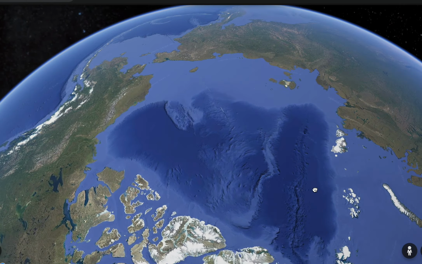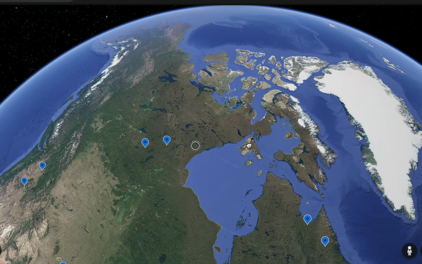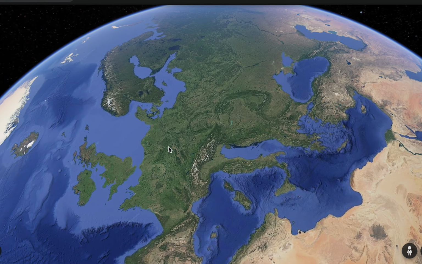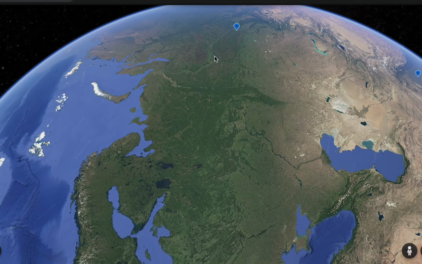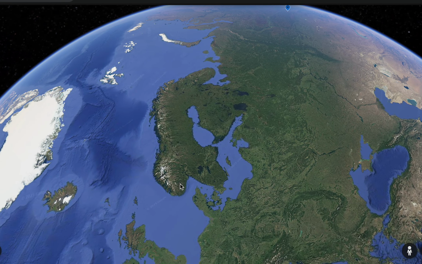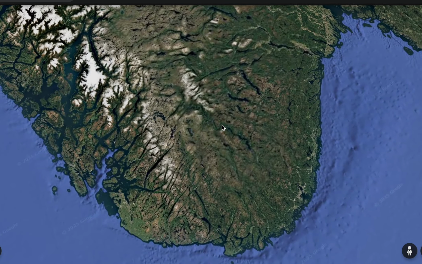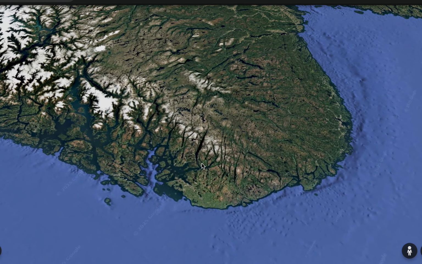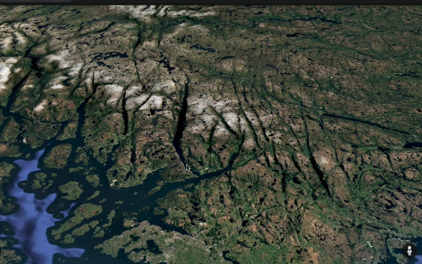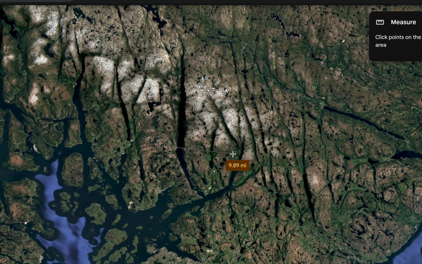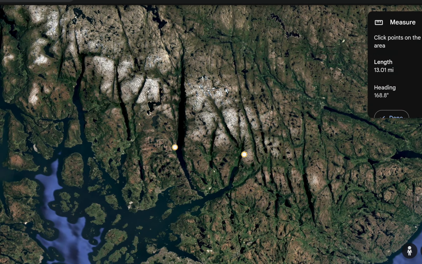Now let's look. I'm running low on pins here. Oh, I know where we can go and find one no sweat. If we go to Norway, right? Massive one right here. Let's get a little width on her. 13 miles.